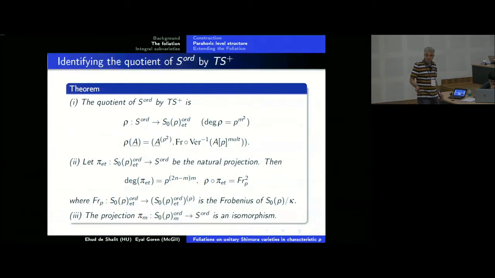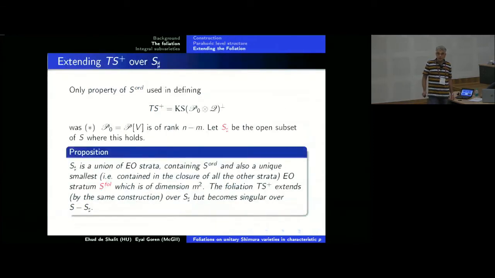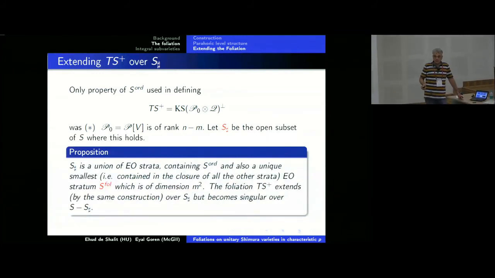And on the multiplicative side, on the multiplicative component, just as we had here, the projection is an isomorphism. Fine. So now we come to the next task of extending this foliation all the way to S. So I already hinted that it would extend by the same definition without having to go through Moonen's theory of generalized Serre-Tate coordinates whenever this P0 is of the right rank, right?